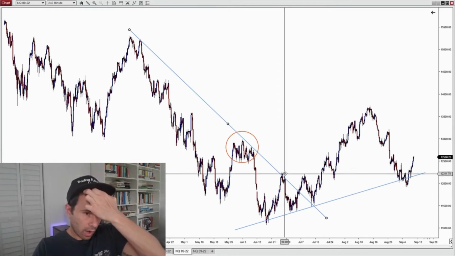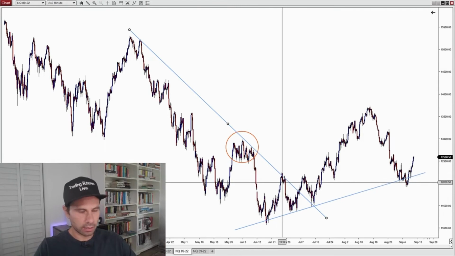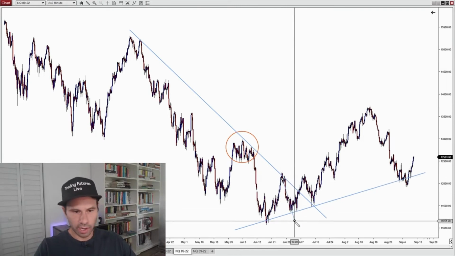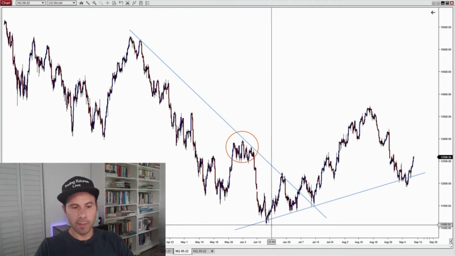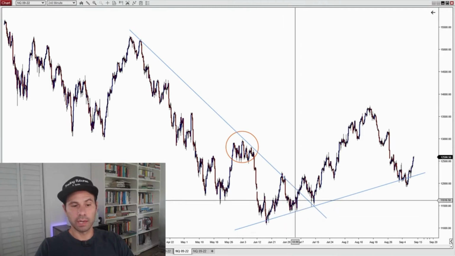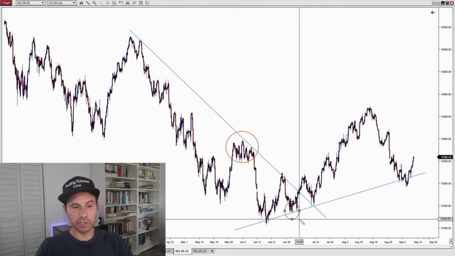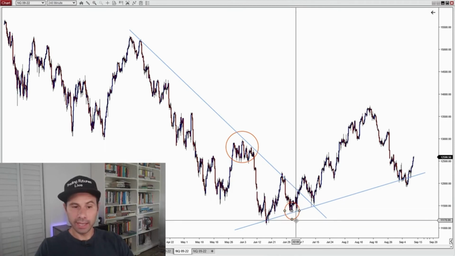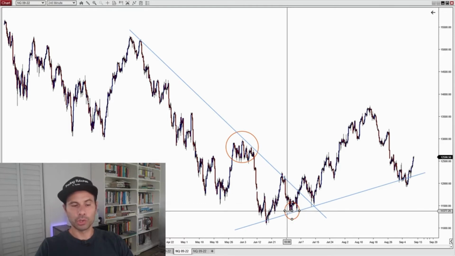So up to this point, everyone is thinking, all right, this thing might collapse to the downside, right? But what in reality happened is that we created a higher low, right? So this higher low is signaling for me a trend change, right? Not definitely yet, right? But all right, the sellers were not strong enough to keep moving price down, right?